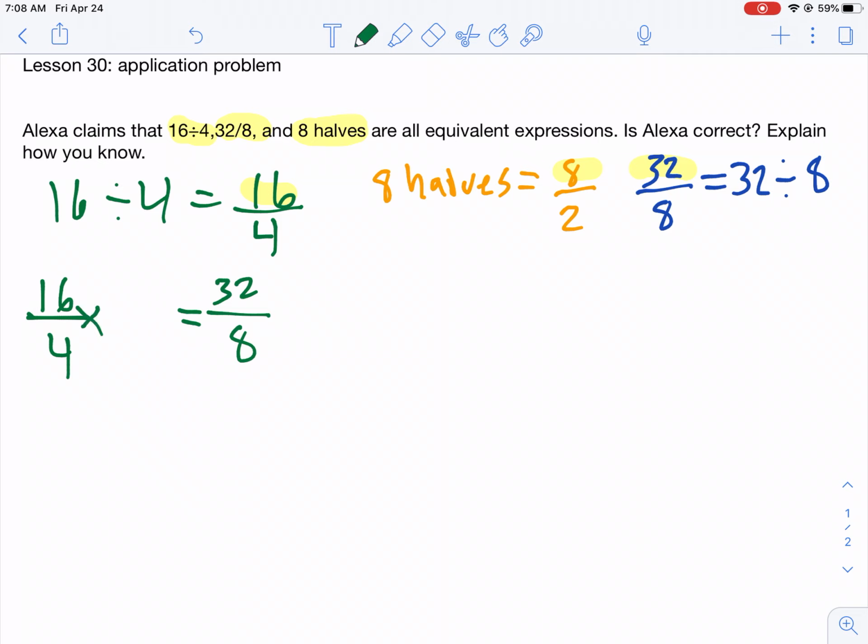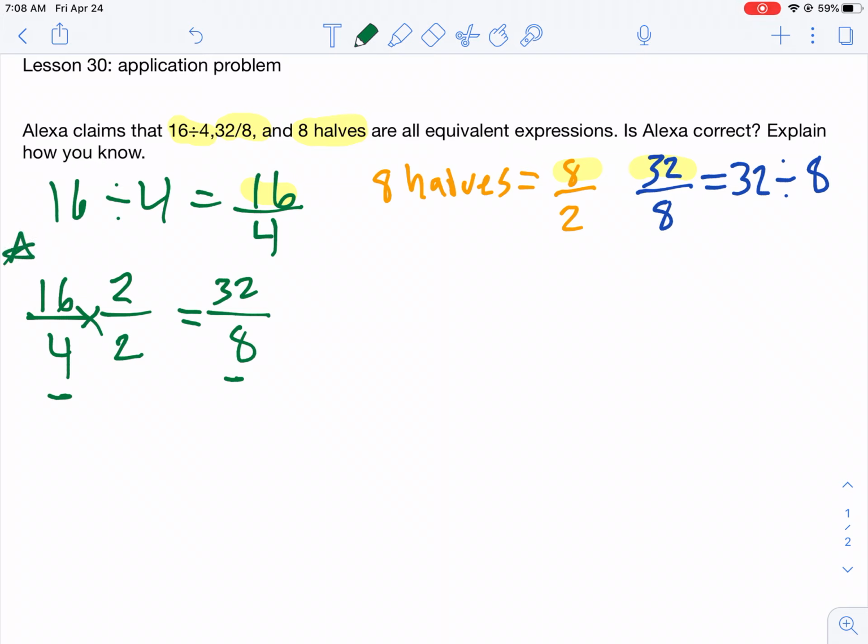Oh, look! What can we do to 4 to get it to 8? Yeah, multiply by 2. So we have to multiply the numerator by 2. 16 times 2 is, woohoo, 32. So look, that is the same as 32 eighths. So we got one.